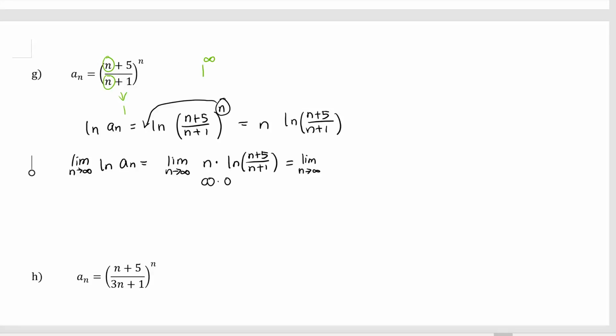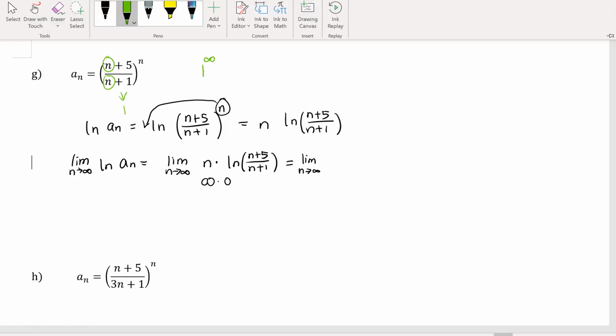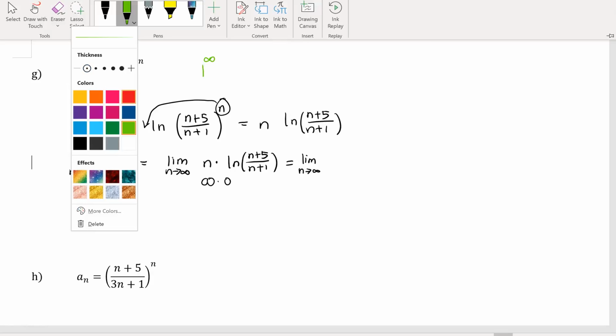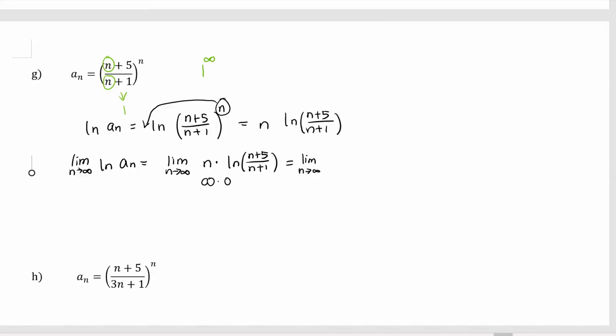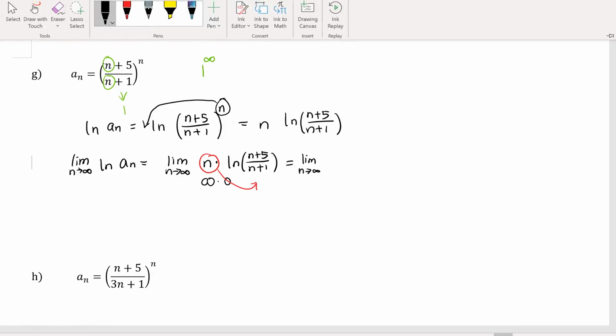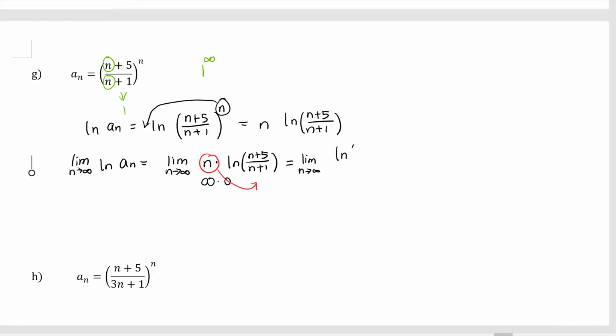So in this case, which one do we move? Do we move the big guy, natural log, or the small guy, n? Maybe it's easier to move the n, right? When we move natural log, it's so complicated. So natural log, you stay here, don't move.